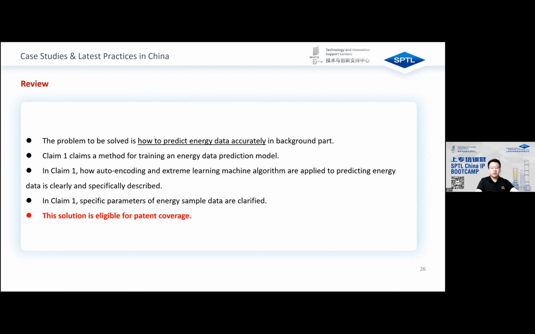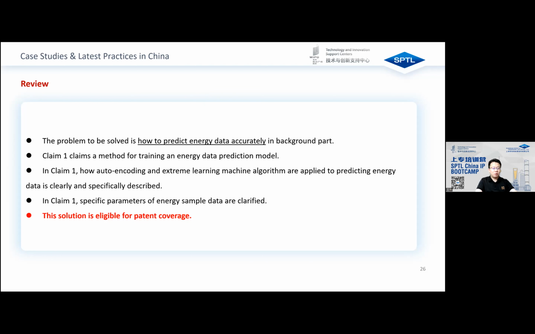Second, claim 1 claims a method for training an energy data prediction model. It makes sense. Third, in claim 1, how an autoencoding extreme learning machine algorithm is applied to predicting energy data is clearly and specifically described.